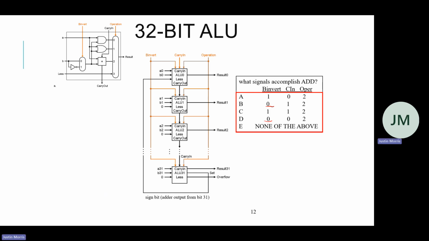So I like carry in being 0. And then just to check between D and E, operation is 2. That is selecting the output of the adder. So that is add. So we like D.